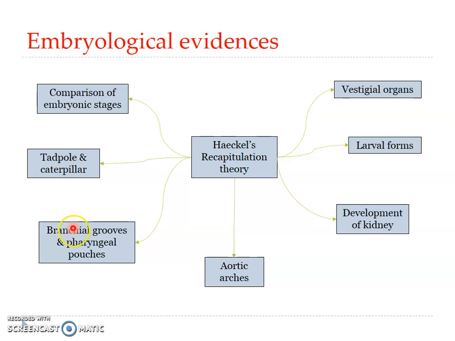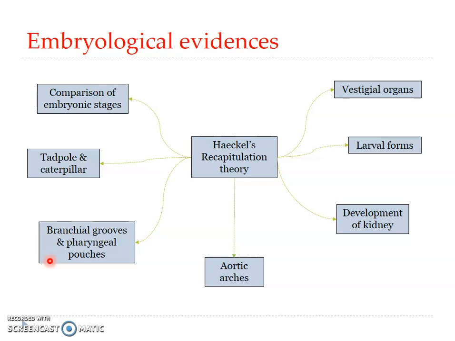Then the next example is branchial grooves and pharyngeal pouches. In the fish embryo, the gill clefts develop as a series of pouches on the wall of the pharynx. So on the pharyngeal wall, small pouches develop, and that later develops into the gill clefts. These pouches are known as pharyngeal pouches or visceral pouches.